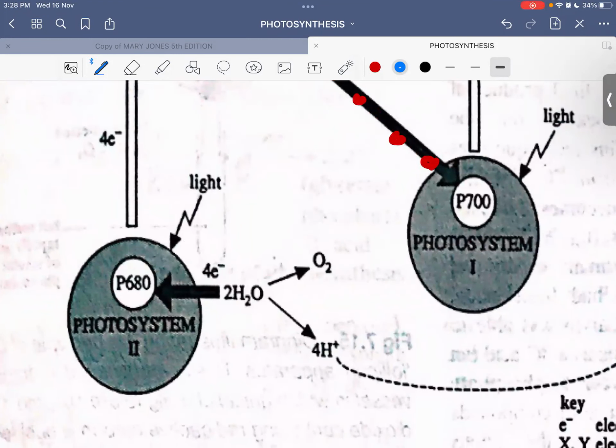That's why you couldn't tell me. You can see कि इस diagram में नजर आ रहा है कि the water molecules are being split in the presence of light, and when they are split, आपको नजर आ रहा है 4 इलेक्ट्रॉन जा रहे हैं, right?